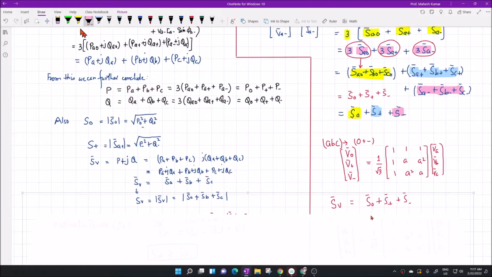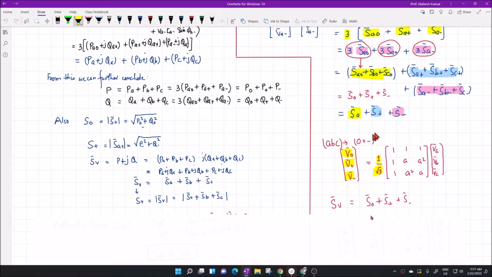You can also use this notation, that is VA0, VA plus or VA minus as 1 by root 3. This is called unity transformation, where the magnitude is basically 0, plus and minus. It is not VA0 or VA plus or VA minus, because this V0 represents all three phases A, B and C. That's why 1 by root 3 has come here.